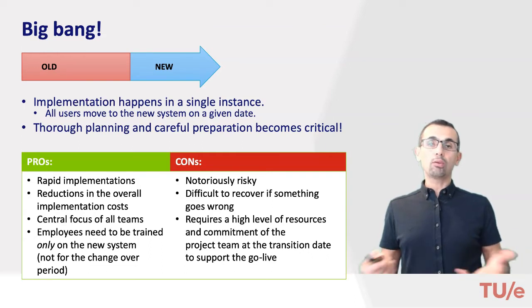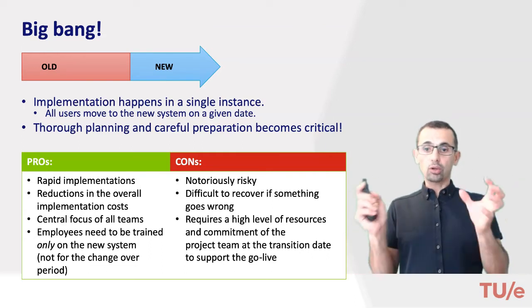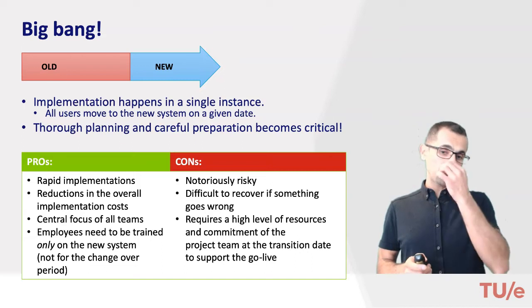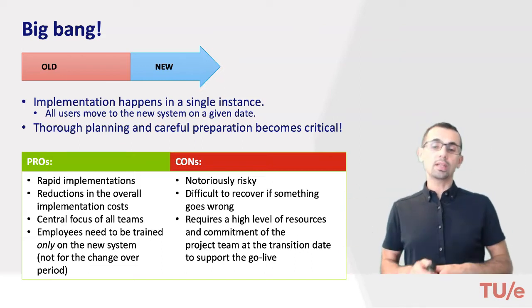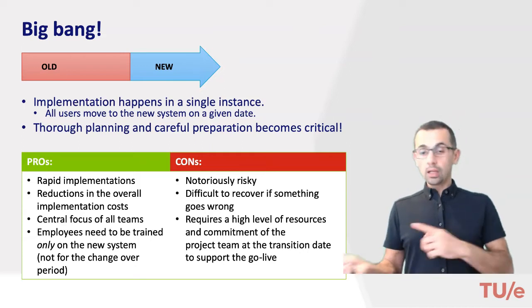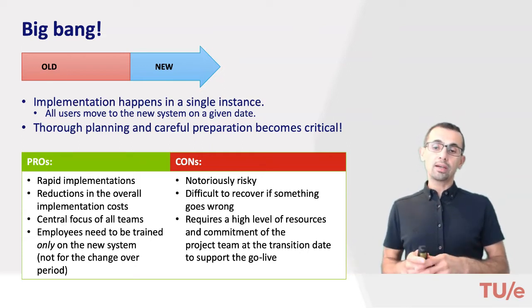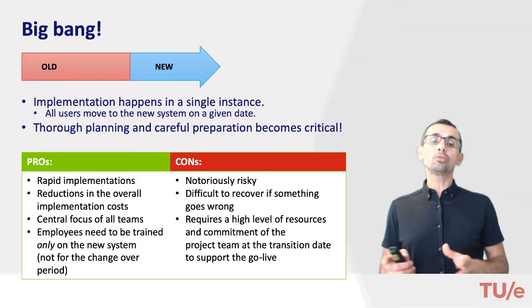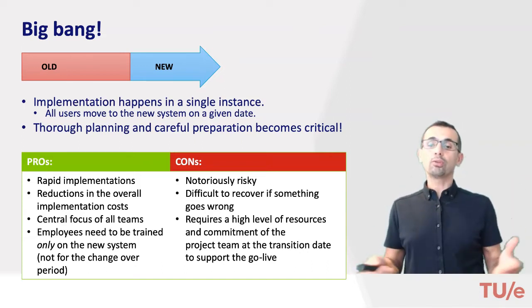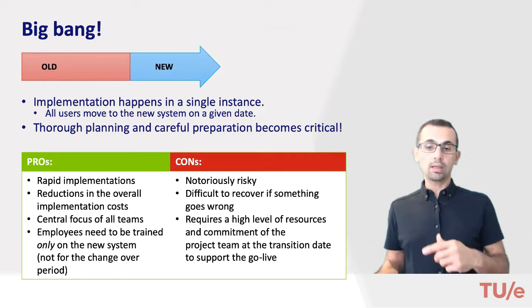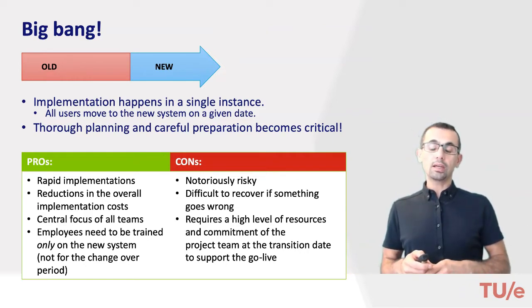Basically, the pain and all difficulty is condensed into a shorter period of time. Everyone in the organization focuses on this date and this particular implementation. Another benefit is that the employees need to be trained only for the new system and not for the changeover period, as you will see in the other ways of transitioning.